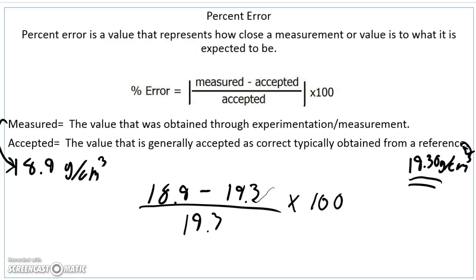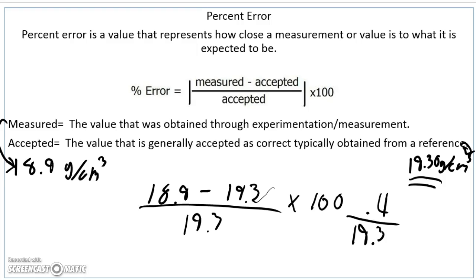So when I plug those values into my calculator, I get 0.4 divided by 19.3. Now, it's really -4, but we really think of percent error as an absolute value.